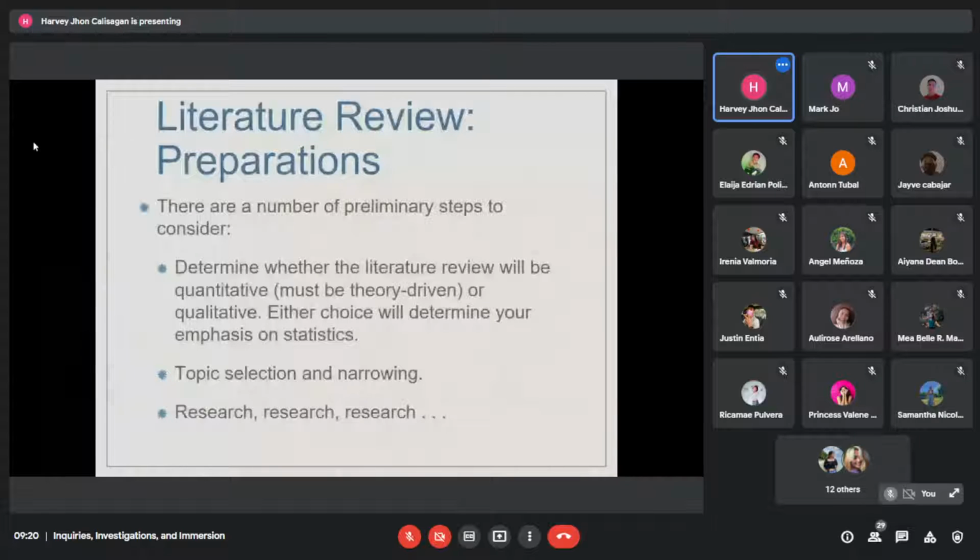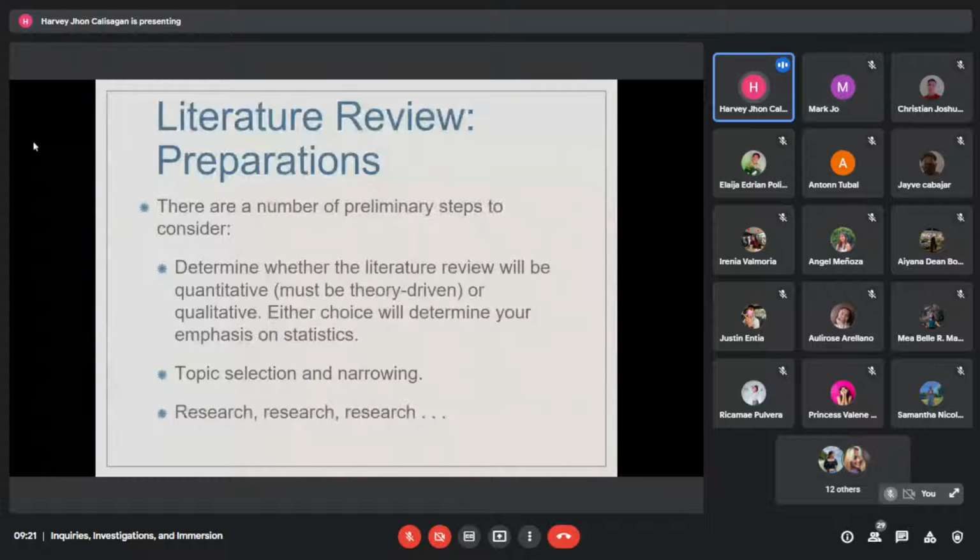So it's your job as a researcher to get some information coming from other references. And of course, most important, consider research, research, research. If you're not afraid, you can do as many researches as you can.